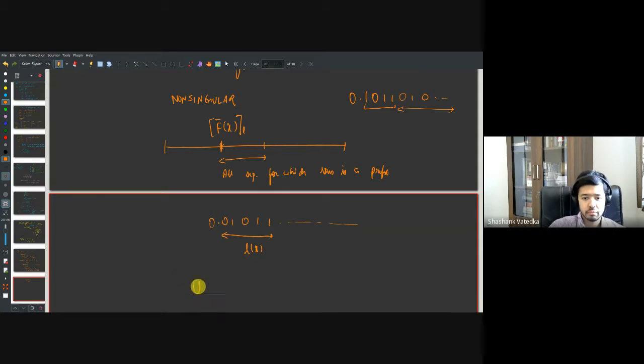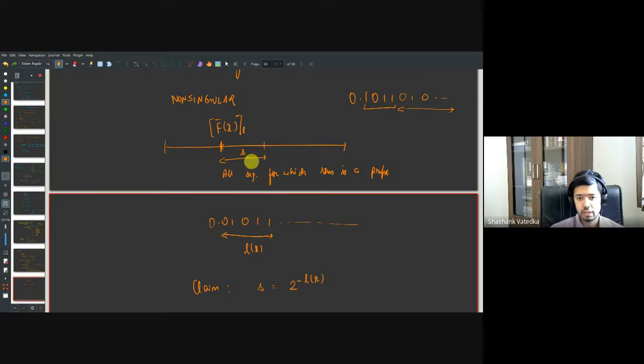So my claim is that this interval, let me call this S, the size of this interval, S is 2 to the minus L of x. In the worst case, this could be all zeros, but in the worst case, this is all ones.